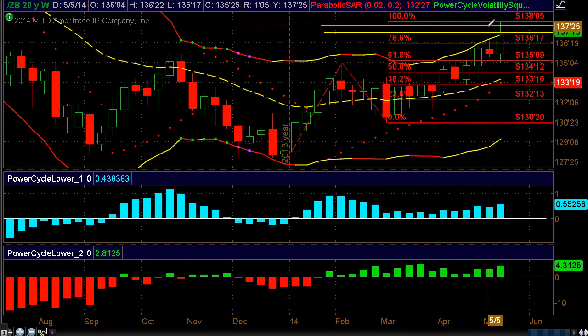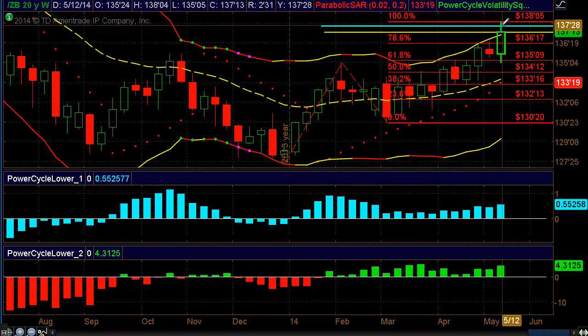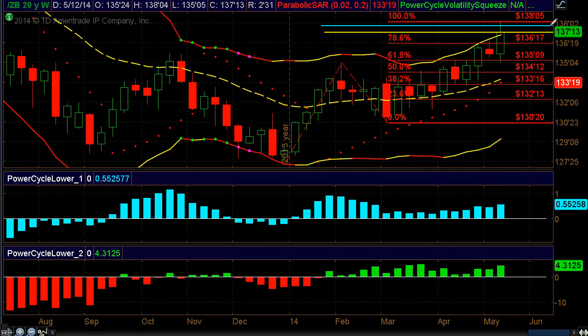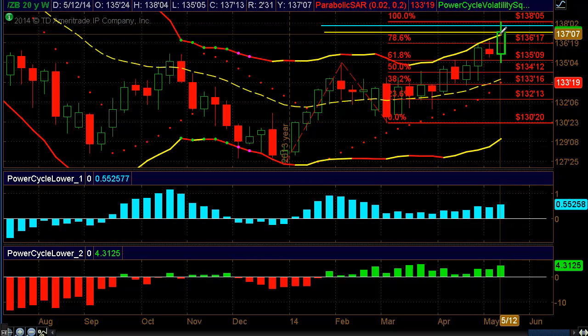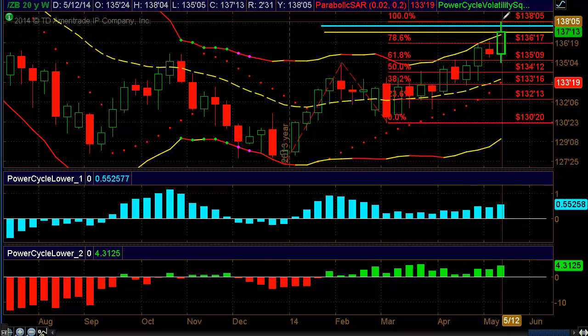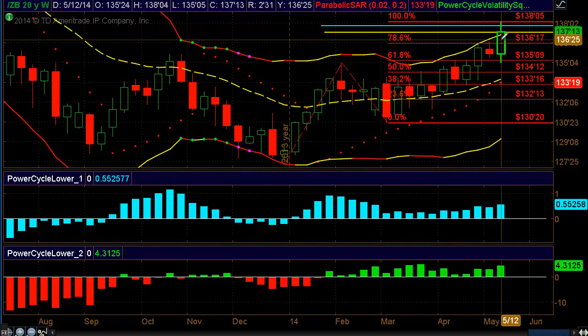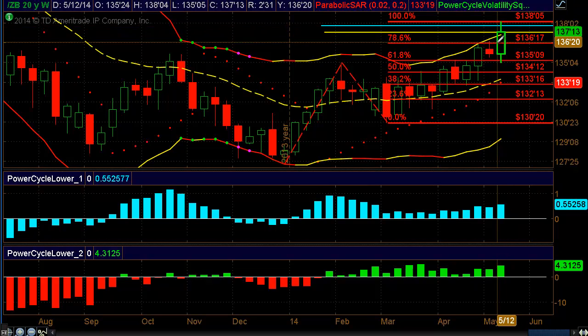So this is some good resistance area here, and when a measured move has been hit and you're way overextended from your moving averages, you have that reversion to the mean. So the point being made here is it's not a great place to be buying bonds. If you're long bonds, this is a good place to take some profits, and this potentially could impact the equity markets. If bonds pull back a little bit, you can see the equity markets stabilize.